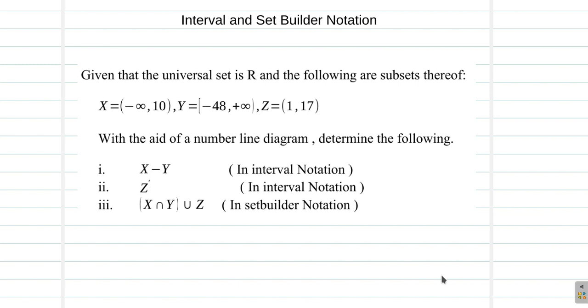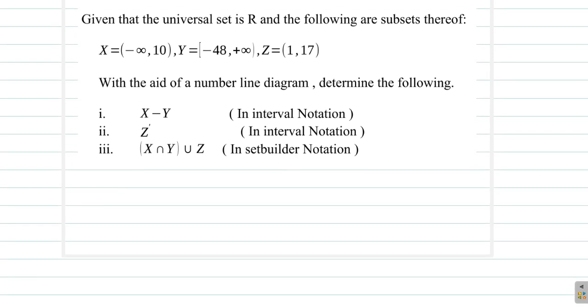It says that given that the universal set is R, and the following are subsets of the universal set: x equals the interval negative infinity to 10, y equals negative 48 to positive infinity, z equals 1 to 17. With the aid of a number line, determine the following: x minus y.